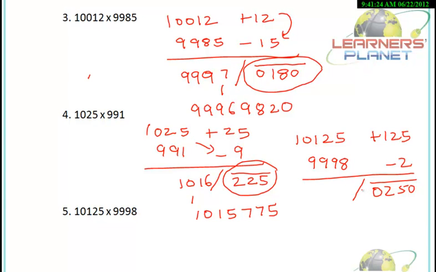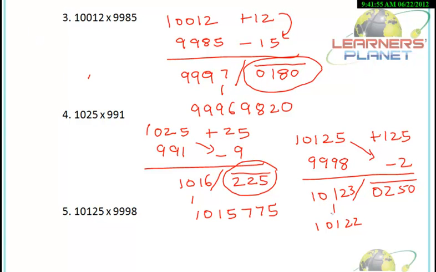Similarly, 10,125 minus 2 will be getting 10,123. In the next step, we have to deduct 1 from this calculation, and we will be getting 10,122, and 250 we have to deduct from 10,000.